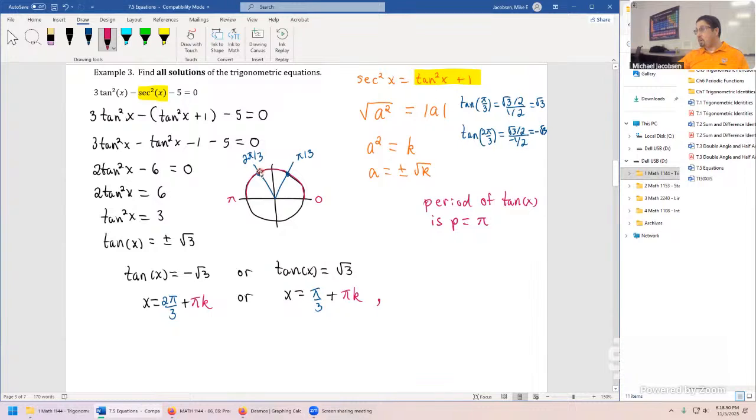If you picked k as 1 on pi over 3, you would rotate by pi and be down here. This is 4 pi over 3, and that also checks. That one would come out as a positive square root of 3. Add another pi to that, and you'd be back up to pi over 3 over here. So that's why we're just using a period pi. That's sufficient to get all solutions now.